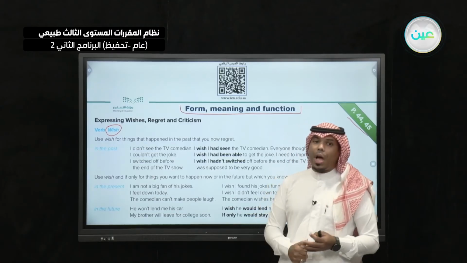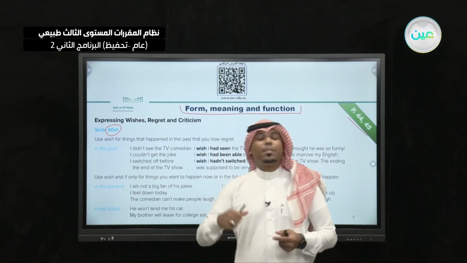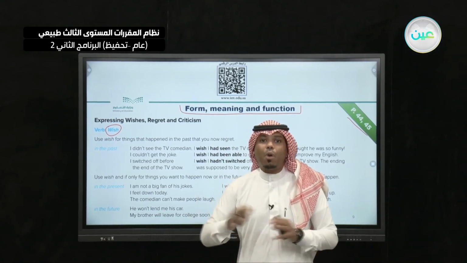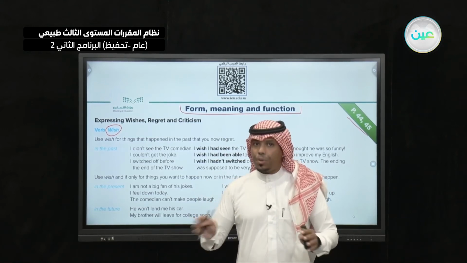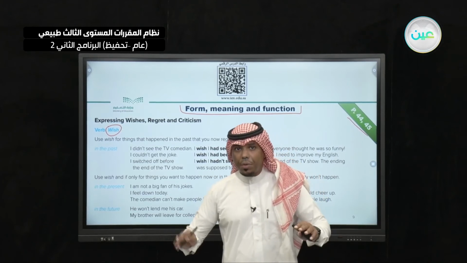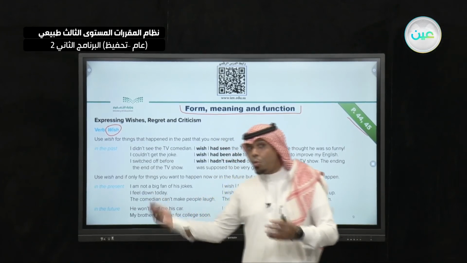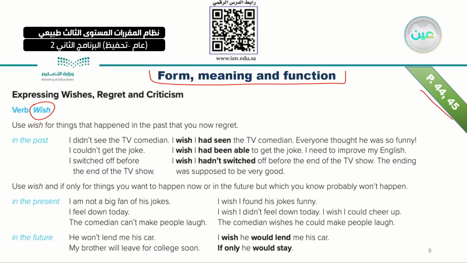And when I'm talking about wish, I'm talking about something that is not real, something imaginary. Here with wish, as you can see, we use it for things that happened in the past that you now, for example, regret. Look, I didn't see the TV comedian.